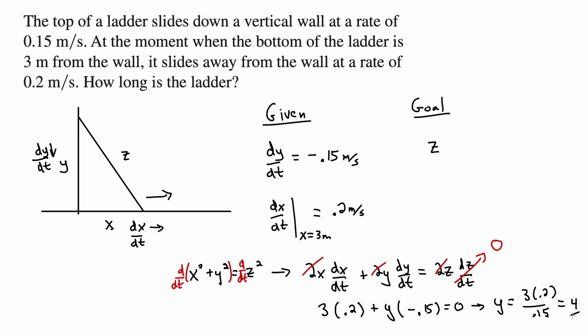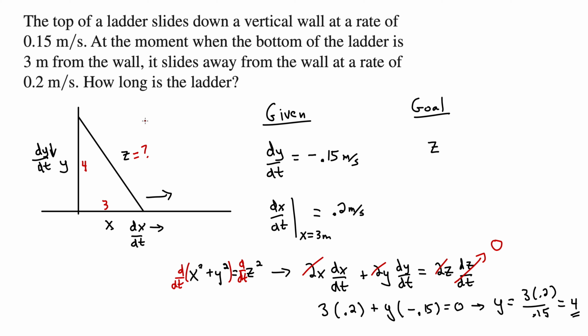Okay, so now we're making progress for sure. We have y equals 4. What does that mean? That means at this moment when x equals 3, so let's go back up to our diagram. At this instant in time when x happens to be 3 meters, y is 4 meters, and we want to know what z is.